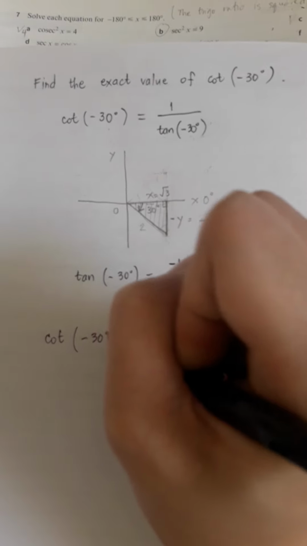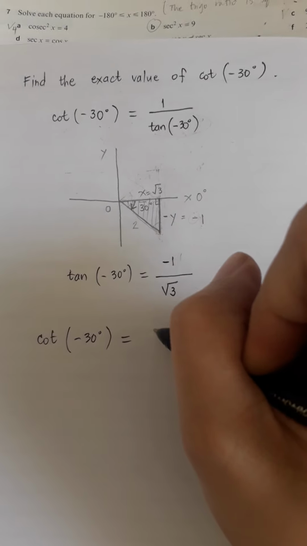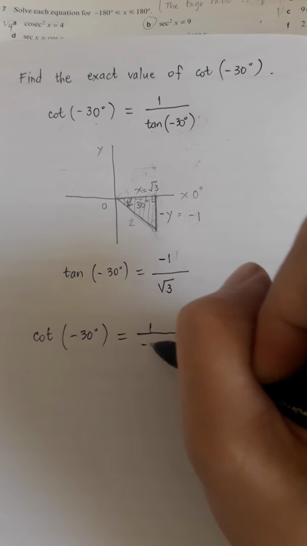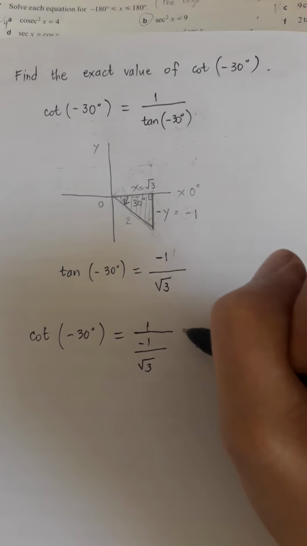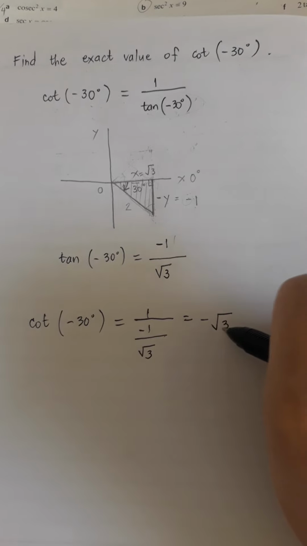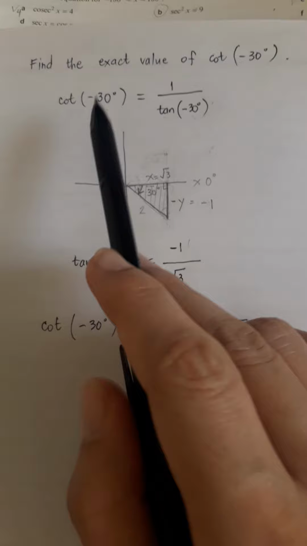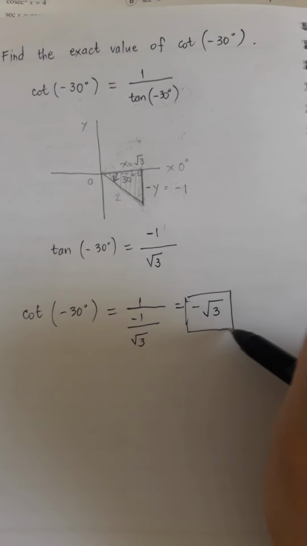Cotangent of negative 30 degrees, therefore, is 1 divided by negative 1 over square root of 3, which is the same as negative square root of 3. And this value is exact. Okay, therefore, this is the answer.